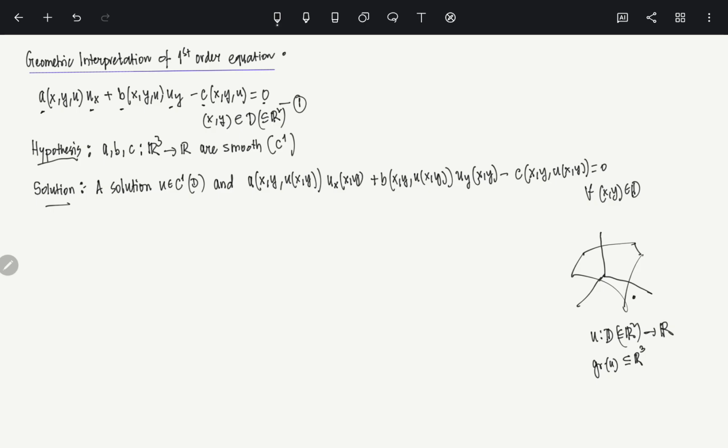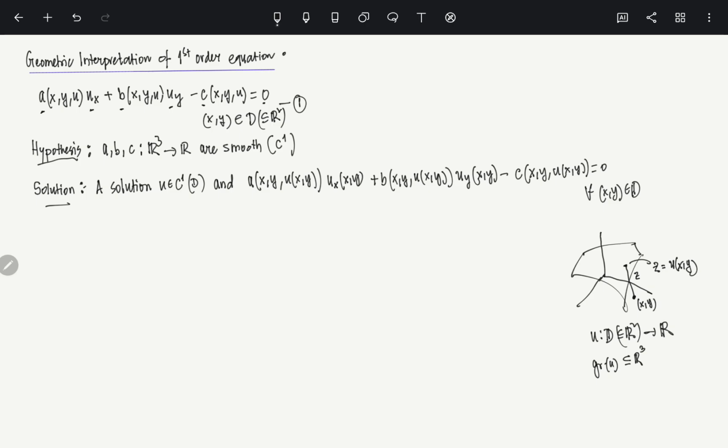For every (x, y) in this R2, there is a z, and this z is the height corresponding to the graph. So basically z will be equal to u(x, y). Okay, so essentially we are trying to find a solution u, and we are going to look at it in a geometric way. Corresponding to the solution, there is a graph of that function, right?